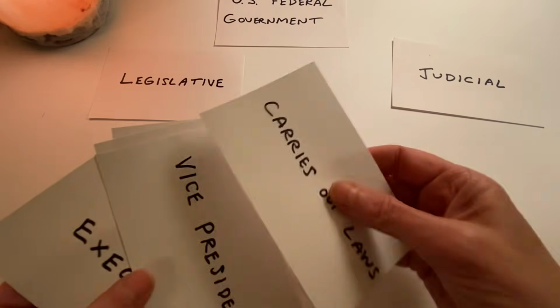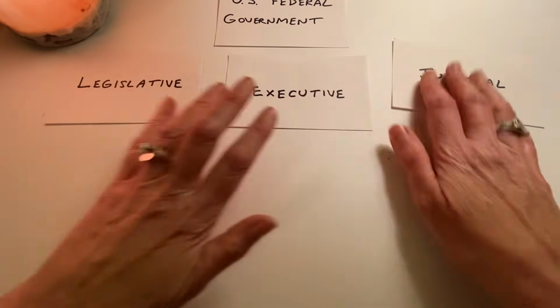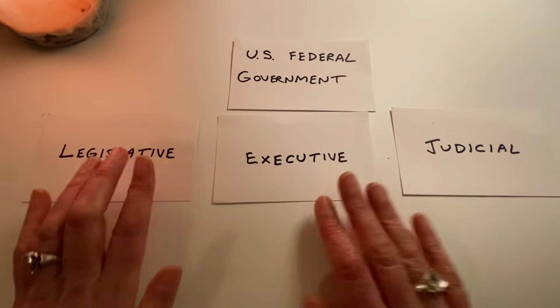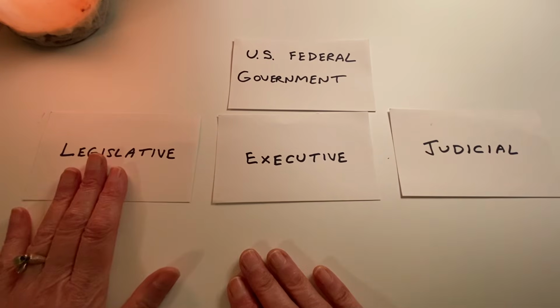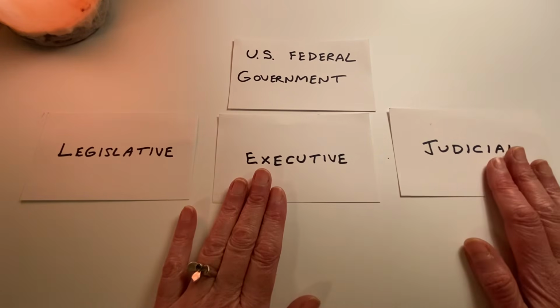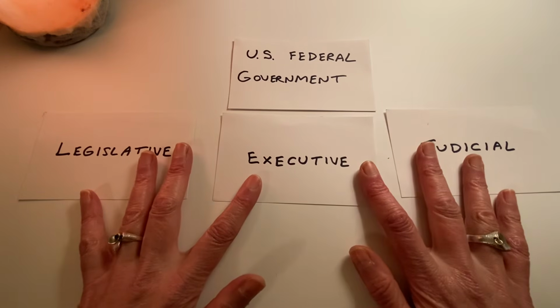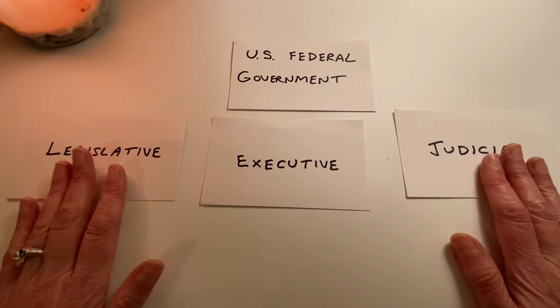I don't have a lot to say about that. And the executive branch. So these are the three branches. If you don't remember anything else from this, you can remember there's legislative, executive, and judicial. By having three branches of government, you have checks and balances that keep any one branch from becoming too powerful.